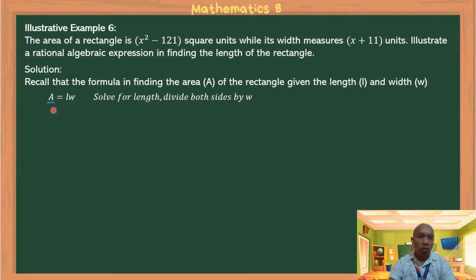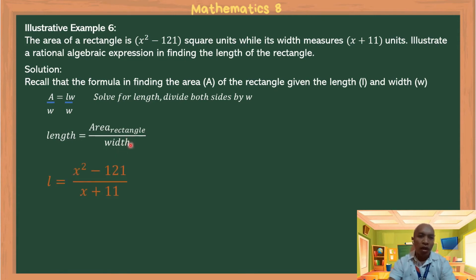So divide W here for the area, divide also W here for the length. So take note that in the right side, we're dividing by W. In the left side, we have to divide by W also. So W divided by W, what is left now is just the length. So therefore, the length of the rectangle will be obtained by dividing the area by its width.